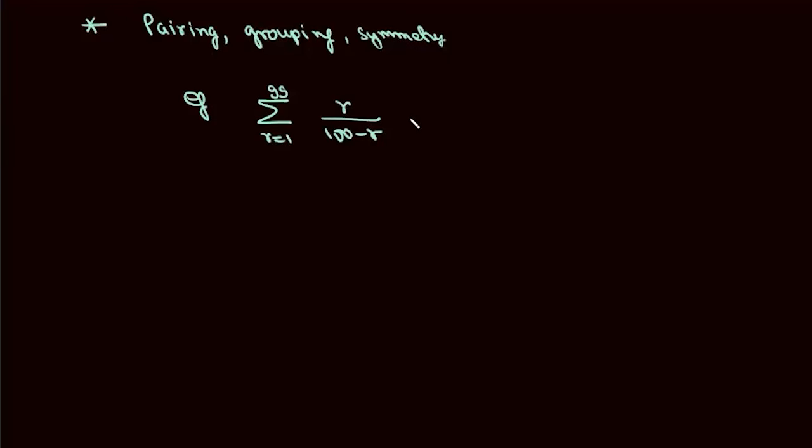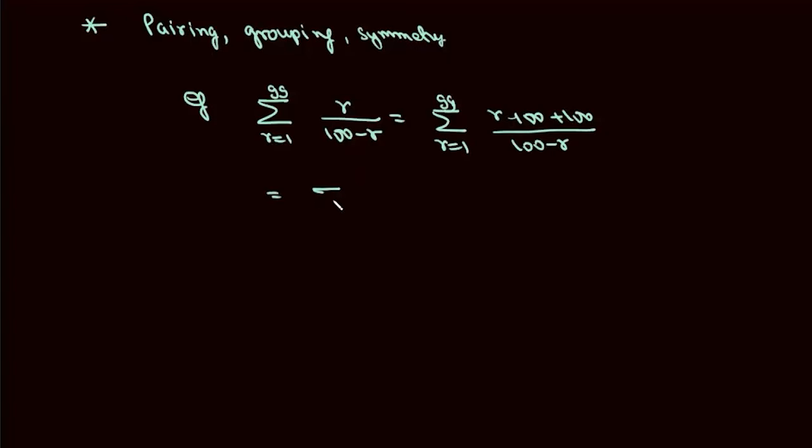Now, what we can do is, we can write this as summation r varies from 1 to 99 of (r minus 100 plus 100) upon (100 minus r).